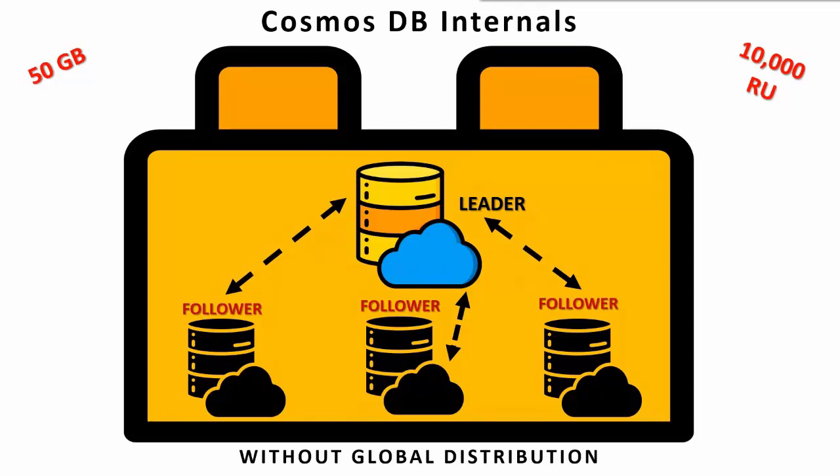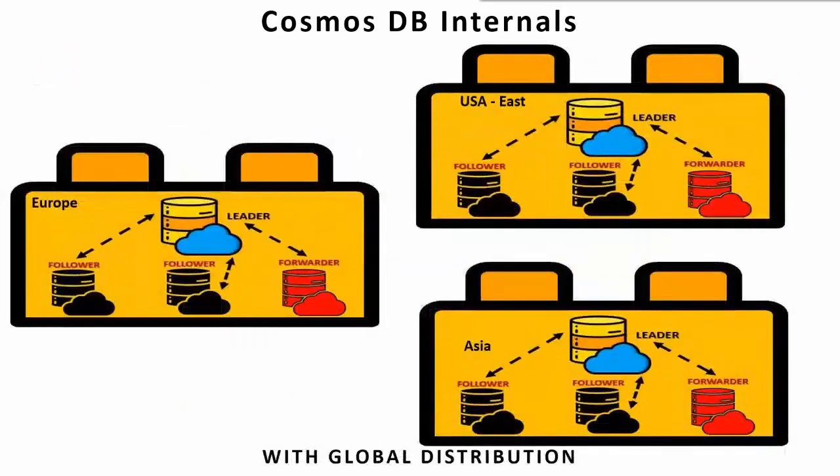So whenever you try to change the request units at any time, you want to be sure that those are the limits of each physical partition. Now, this model here is without global distribution. In our situation, we have global distribution, so this model changes a little bit for us.